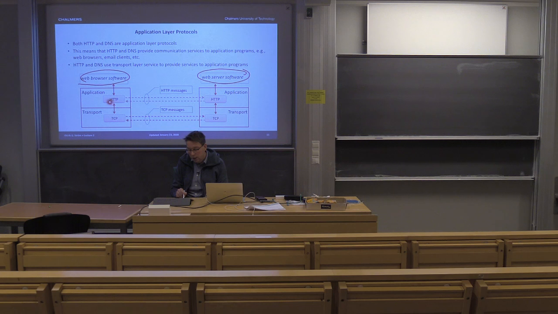So the message actually goes down first to TCP, is transmitted over to the other side using TCP, and then is popped up to the application layer. So we have virtual communication like this and physical communication like this. Questions?